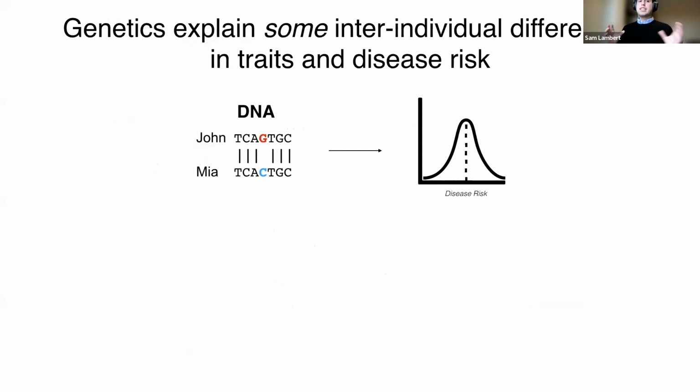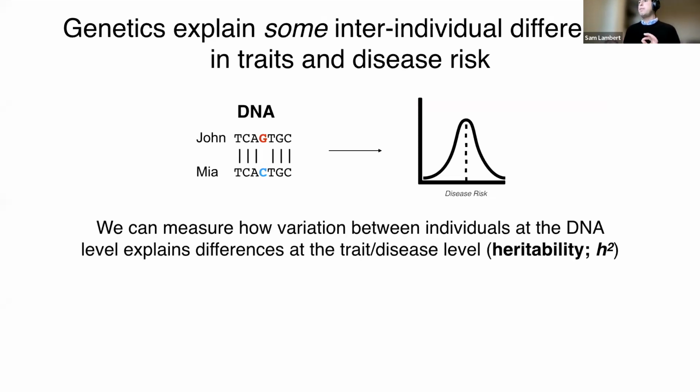So genetics can explain only some of the inter-individual differences in the traits you're likely to have, like whether you're likely to be taller or shorter, and the diseases you're at highest risk for. And so the changes I showed, these SNPs, can have influences on your disease risk. And we can measure approximately how much variation between each of the individuals in a population is because of differences at the genetic level.